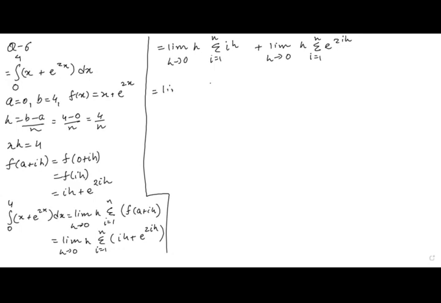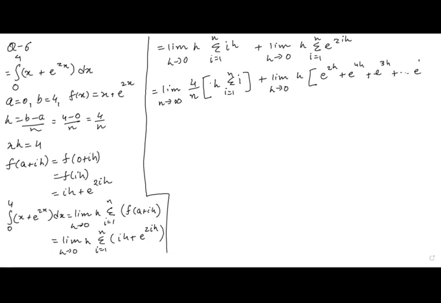So here I will replace the value of h by n, and you know that h and n have a reciprocal relation. So n tends to infinity, 4 by n. H will come outside and sigma i 1 to n i. Here limit h tends to 0, h giving sigma, keeping the value of i as 1, then 2, then 3, and lastly n will give me this.